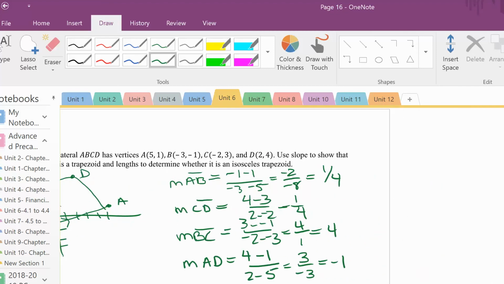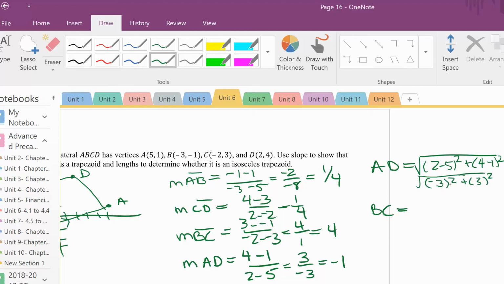Now to prove that it's isosceles, we have to find the lengths of AD and BC and show that they are equal. So doing the distance formula, 2 minus 5 squared plus 4 minus 1 squared. So it's -3 squared plus 3 squared.